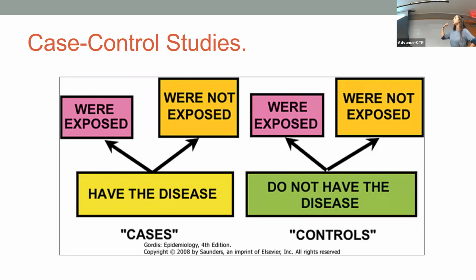So immediately that should lead us to realize that we can't necessarily establish temporality as well as we did with cohort studies. We can't really say the exposure led to the disease, because we first classified on the disease, and we didn't actually see this happening. With a cohort study, you can do that a little bit better because you actually followed the people to see that.